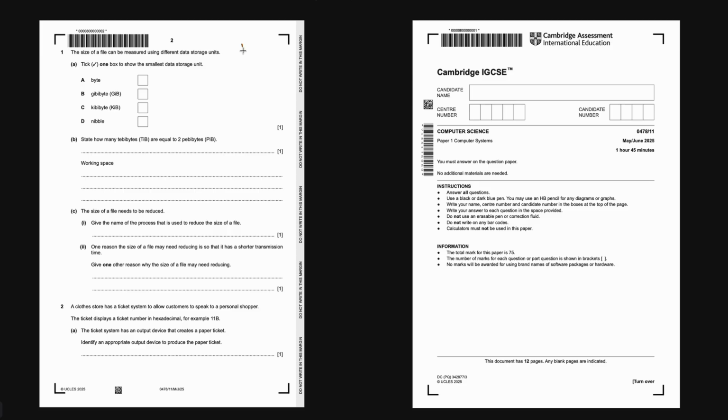So a byte is basically 8 bits, right? A gigabyte is basically a billion bytes, right? A kibibyte is around a thousand bytes, right? And a gigabyte is around a billion.